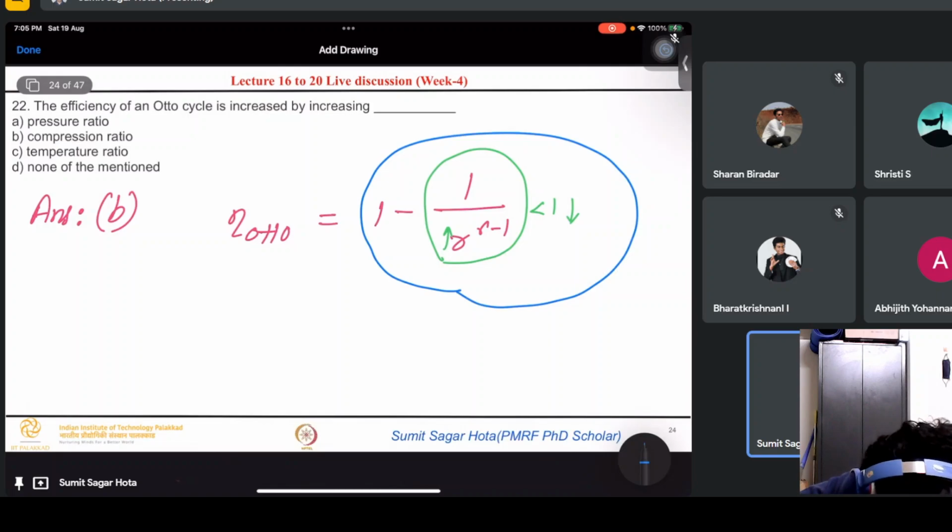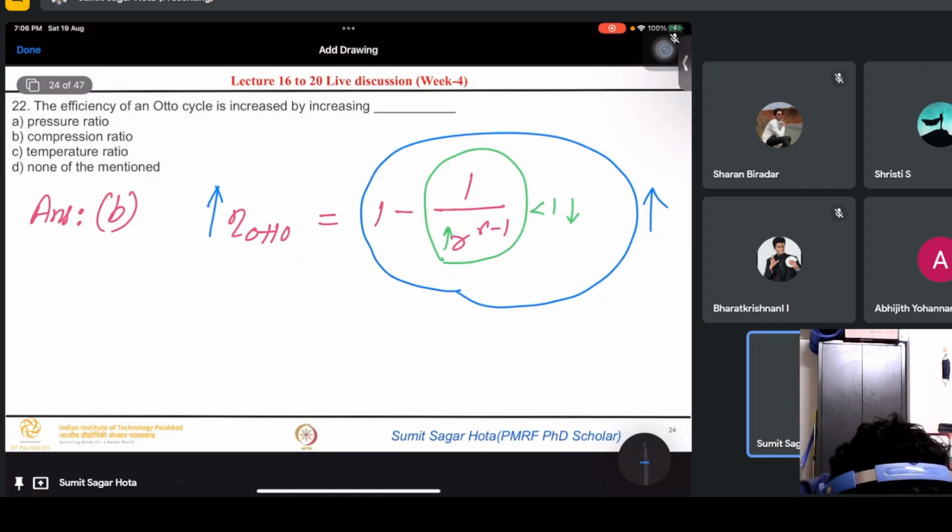It will always increase. If this whole quantity increases, the efficiency of the Otto cycle will increase.